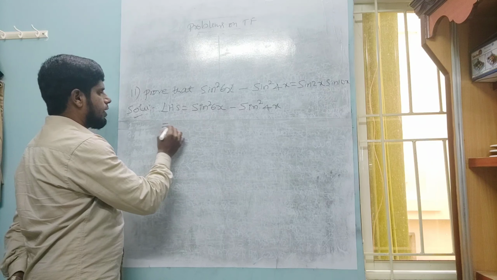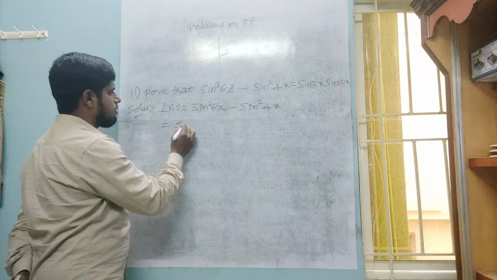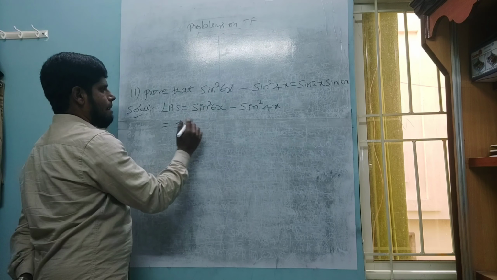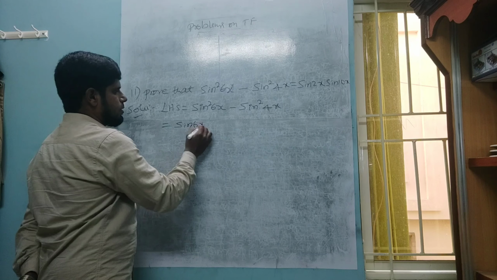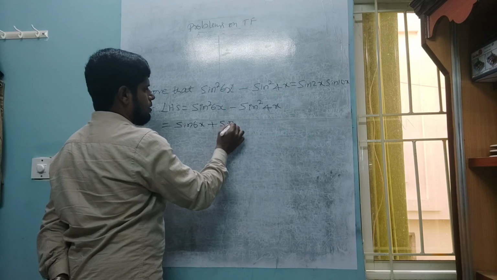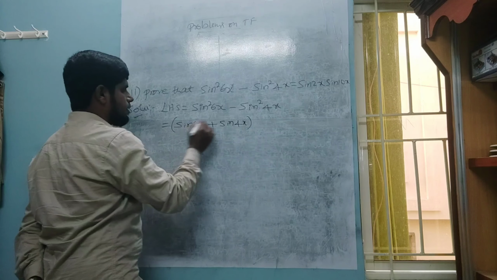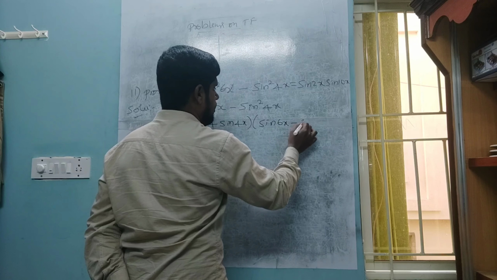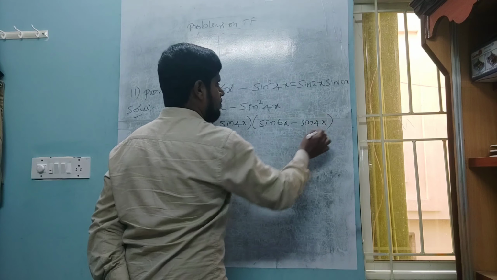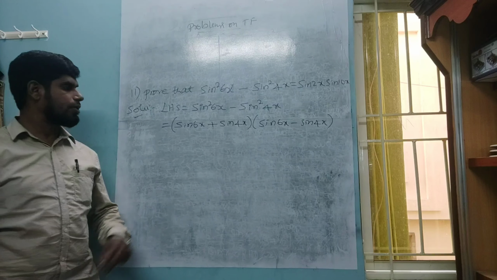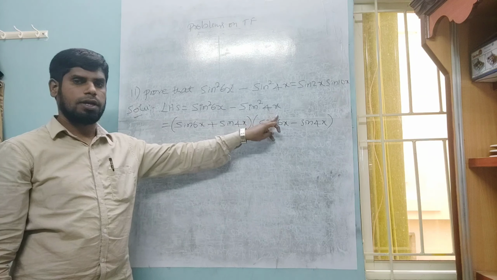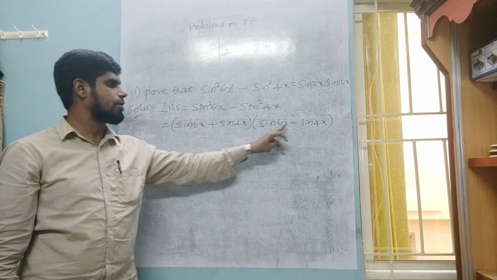According to that identity, I can write this as sin 6x plus sin 4x into sin 6x minus sin 4x. That is a plus b into a minus b. A square minus b square can be written as a plus b into a minus b.